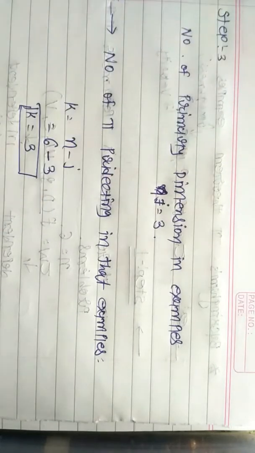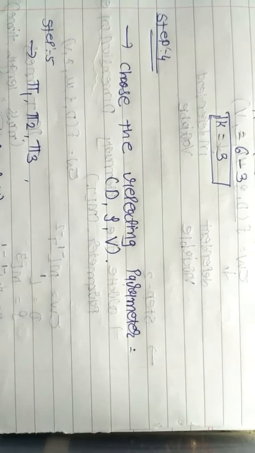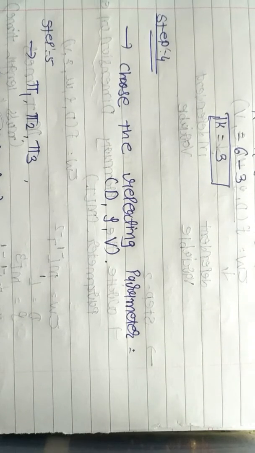Now step number 4: choose the repeating parameters. We choose the repeating parameters as diameter, density, and velocity, so d, rho, and v. Now in step number 5, we have to find pi 1, pi 2, and pi 3 in terms of the diameter d, density rho, and velocity v.